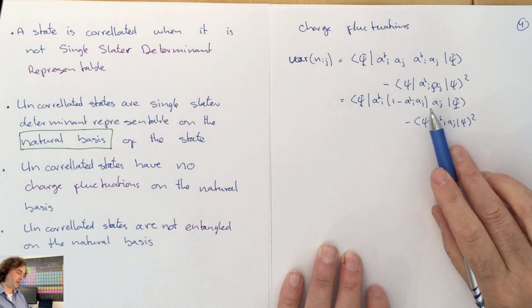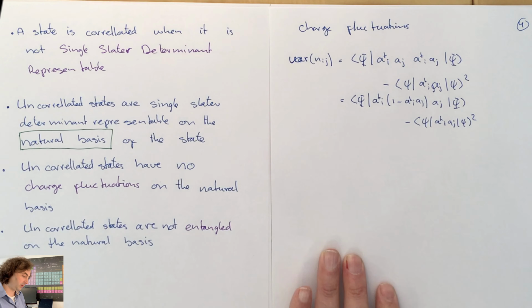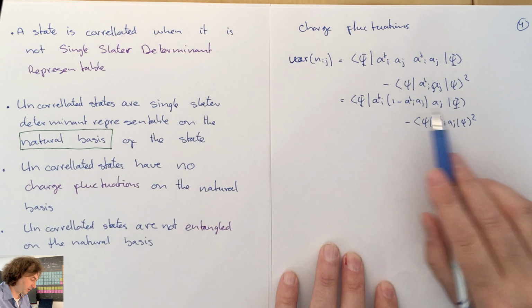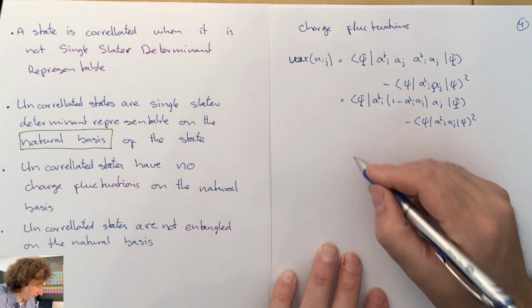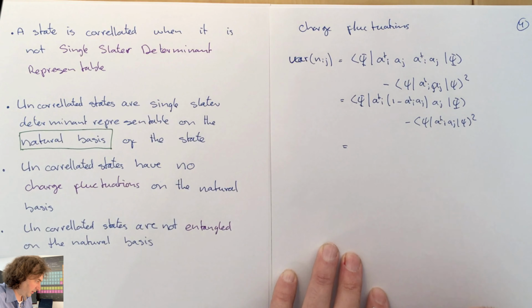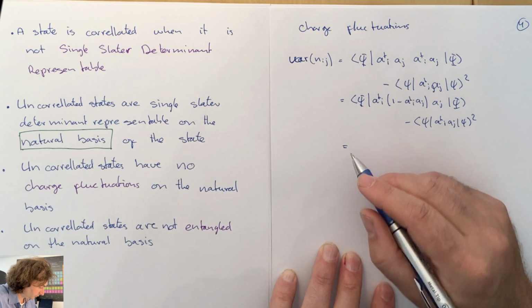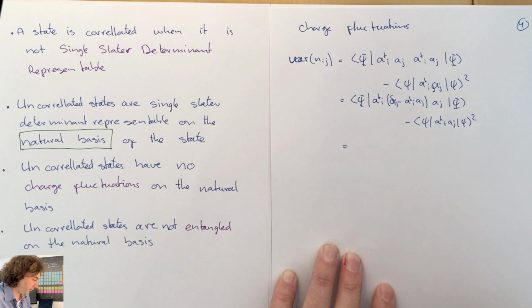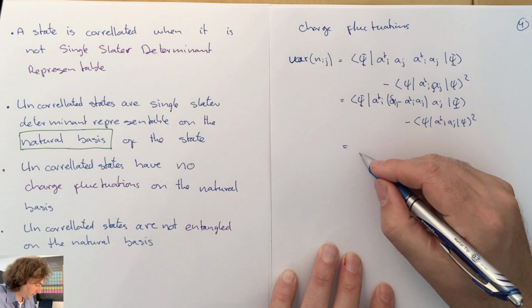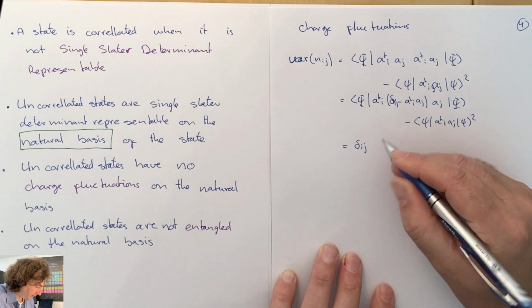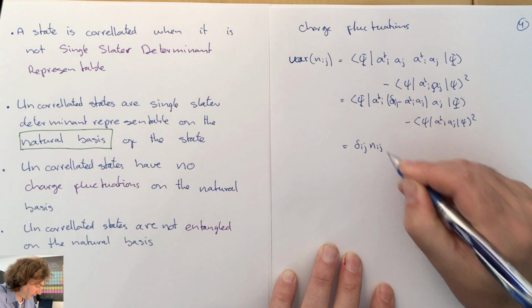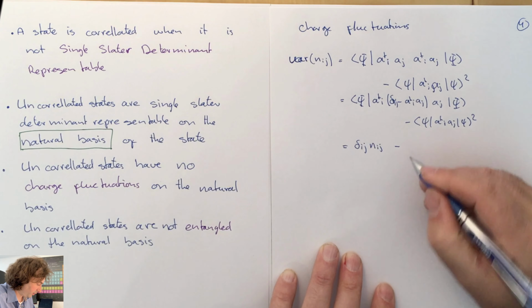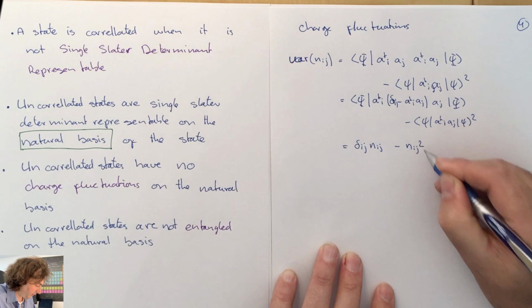And here we see that we annihilate and then annihilate the same particle again, so that is 0. So this is just the expectation value of the density matrix. This is not a 1, this is a delta ij. So this is given by delta ij N ij minus N ij squared.